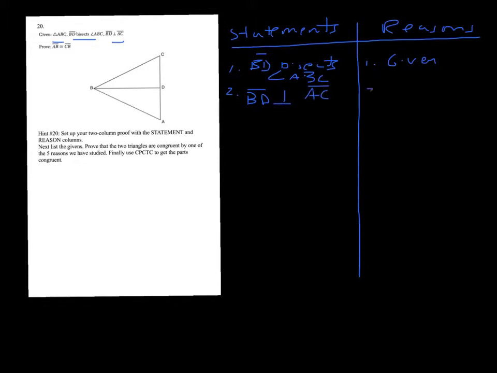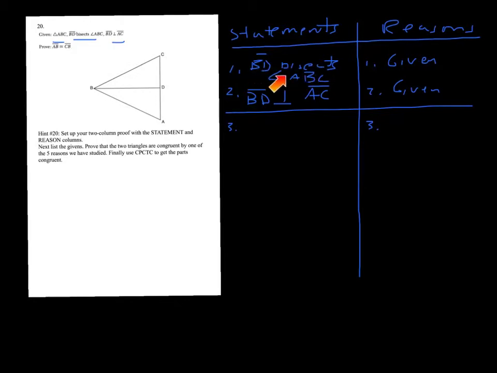Some teachers don't have their students list all the givens at the very beginning. I like to just have the givens listed to start off with. So your teacher might do it in a different order, and that's totally fine because it's also an effective way to do the question. But this is the way I like to handle it, by listing my givens right off the very bat.